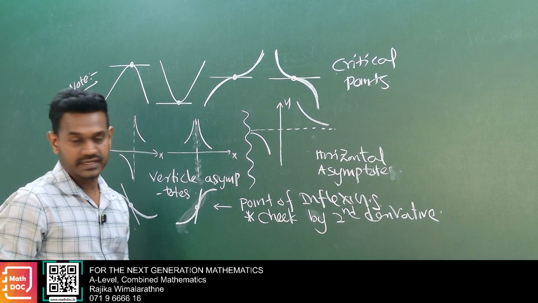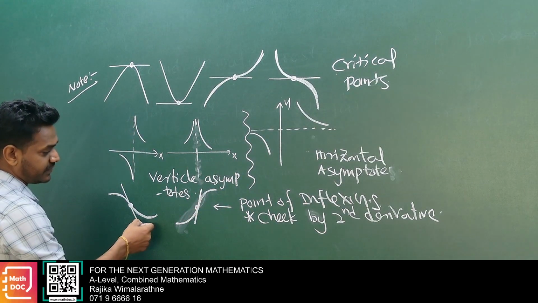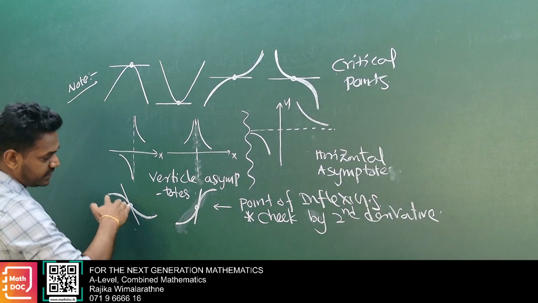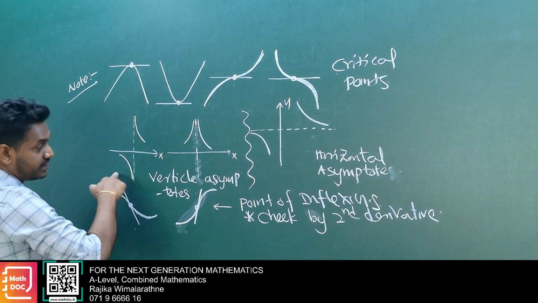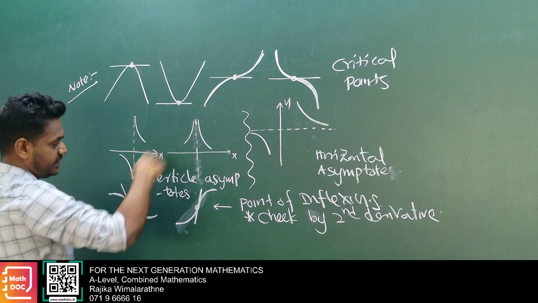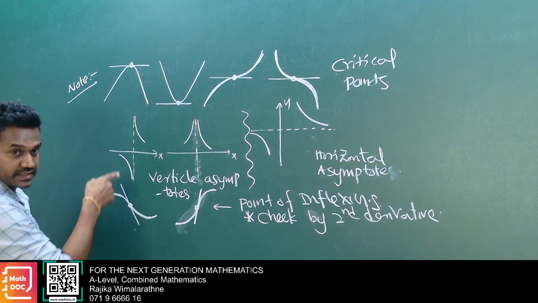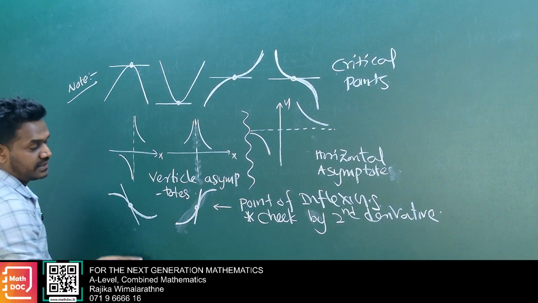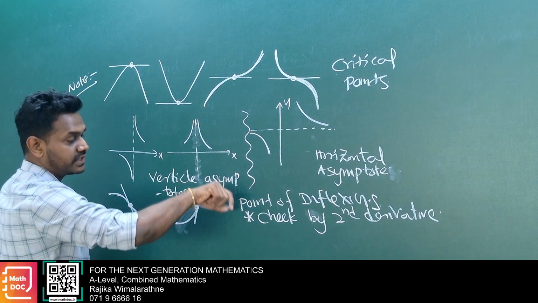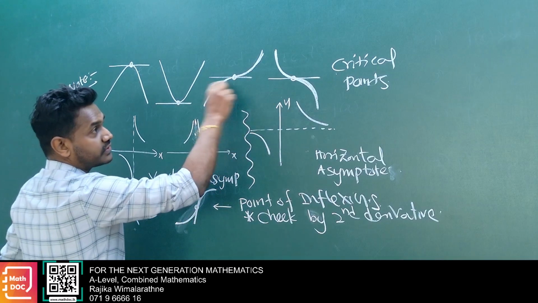Then here is another, different thing. Concave down changes to concave up, but the tangent is not horizontal. It is a slant inflection, which can be vertical or slant.